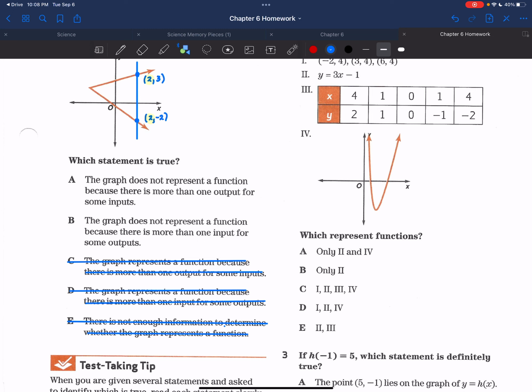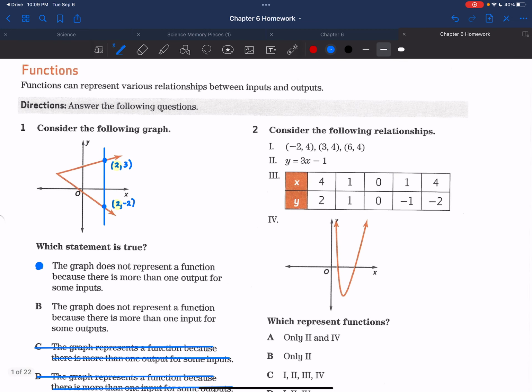So is it not a function because there is more than one output for some inputs, or the other way around? The graph does not represent a function because there is more than one input for some outputs, and it is A. You cannot duplicate the inputs, the x values.